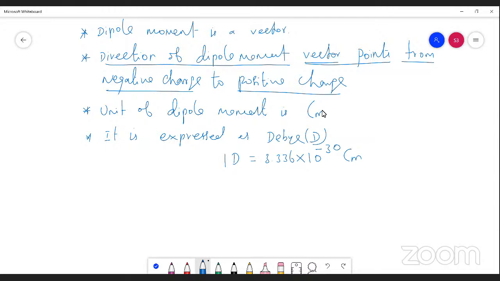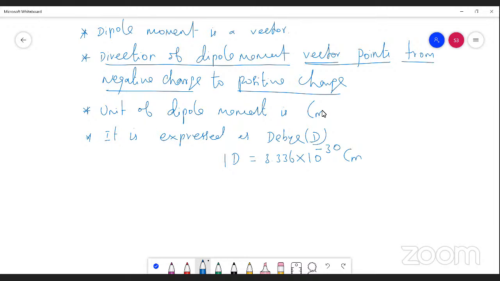So the polarity of a bond can be measured by using the dipole moment. The dipole moment is mathematically expressed as mu equal to Q into 2D, where mu is the dipole moment, Q is the charge of the atom, and 2D is the distance between the two charges. The dipole moment is a vector quantity.